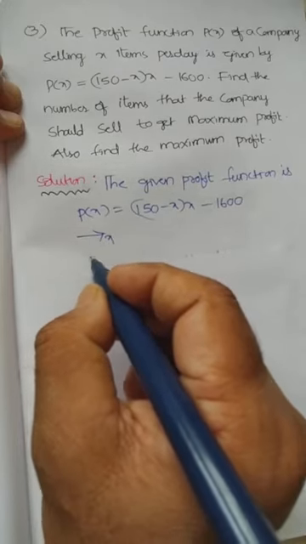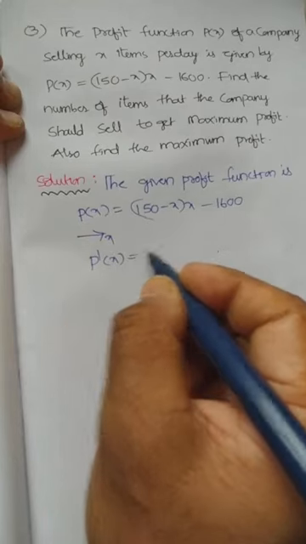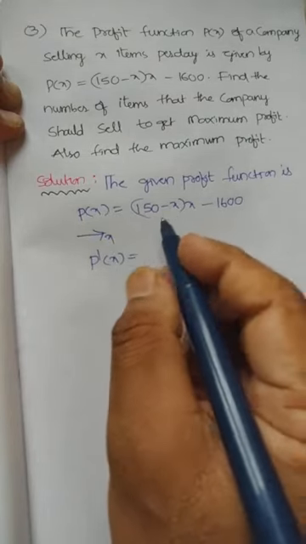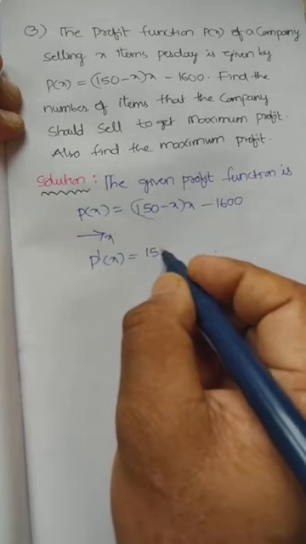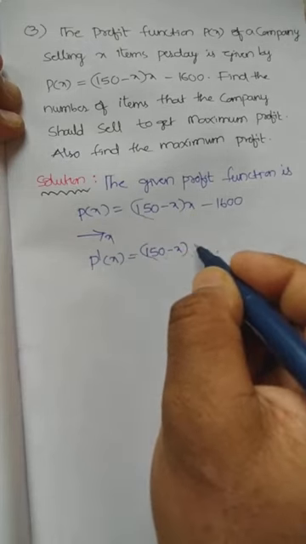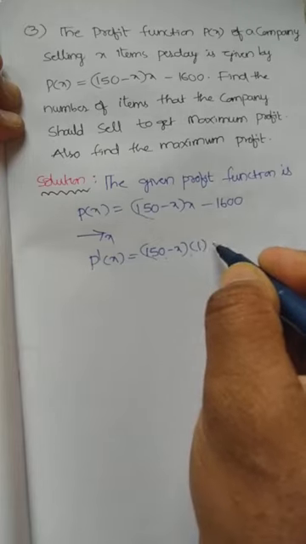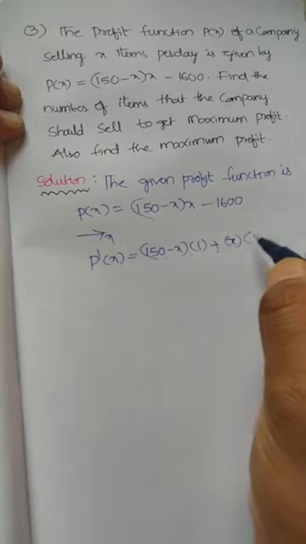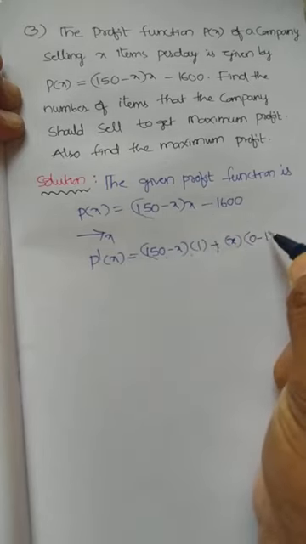P dash of x is equal to what would I get? This is the u into v method. In the u into v method, u remains the same first, 150 minus x, and x's derivative is 1, plus x remains the same here, and you have to differentiate 150 minus x. So it is 0 minus 1.